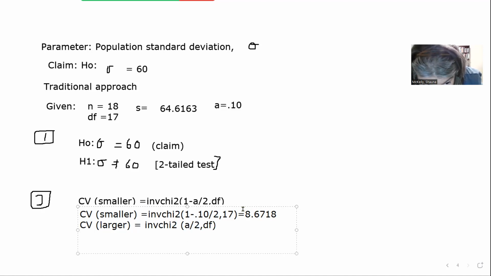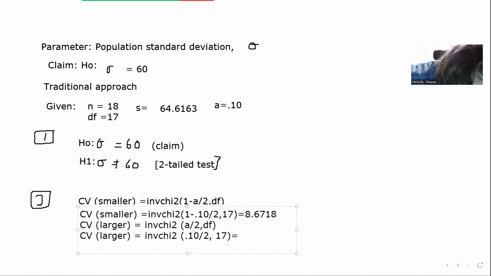So that was equal to 0.10 divided by 2 and 17. And that was 27.5871.